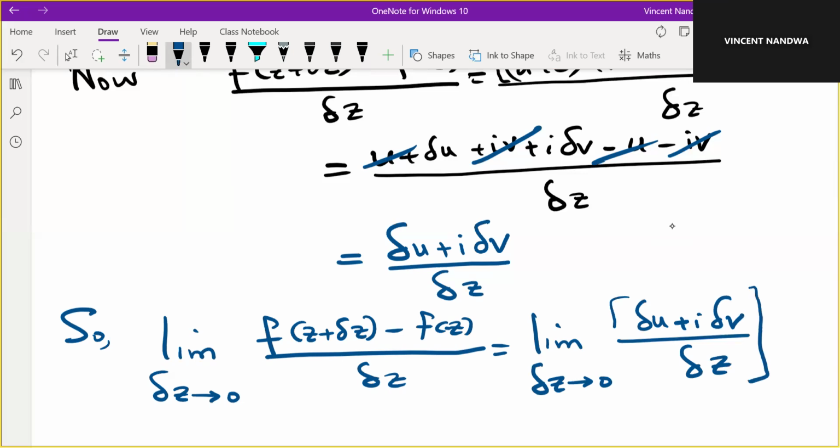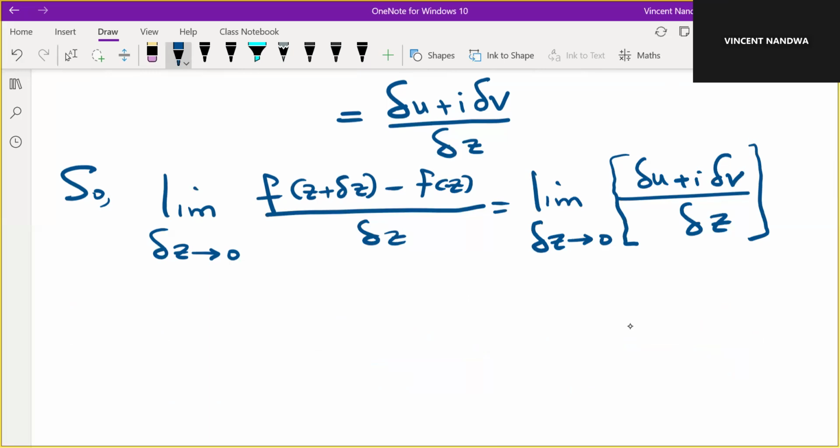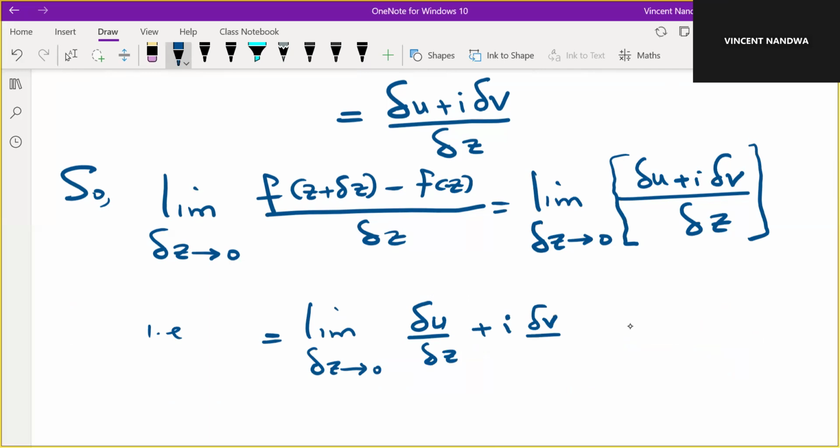So just as given in the previous step, that's the definition of that difference quotient, which you can write as the limit as delta z approaches 0 of delta u over delta z plus i delta v over delta z. Hope that will make sense. Yes. So that's by just definition.